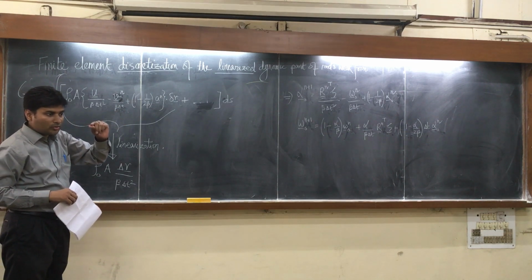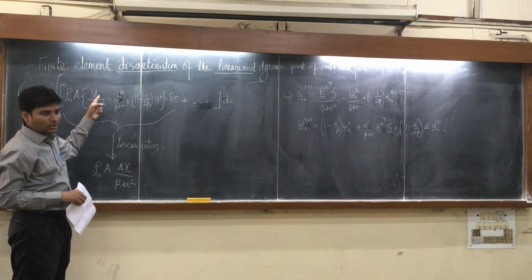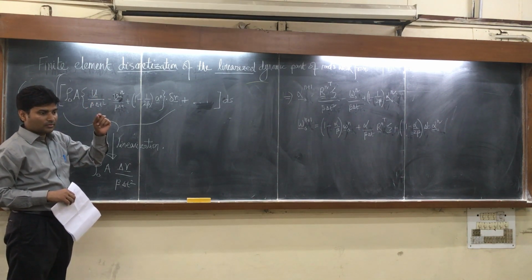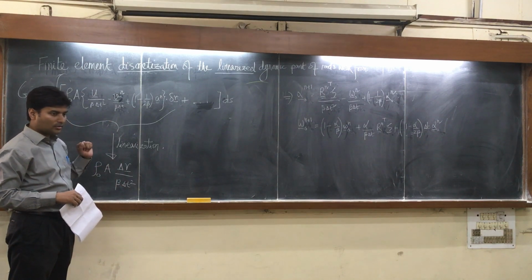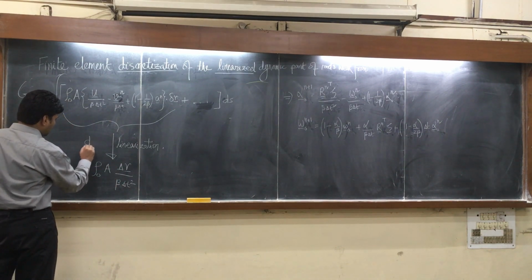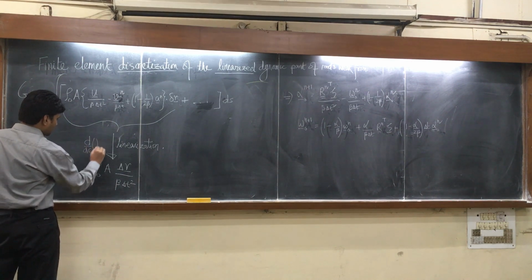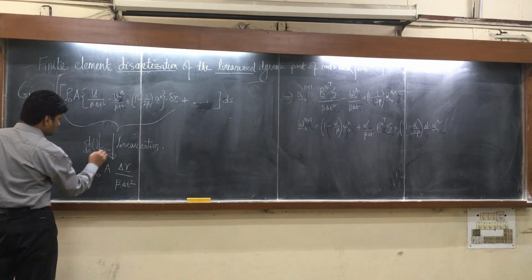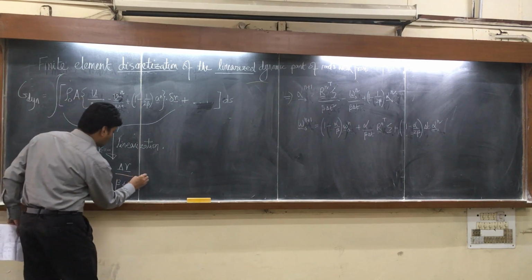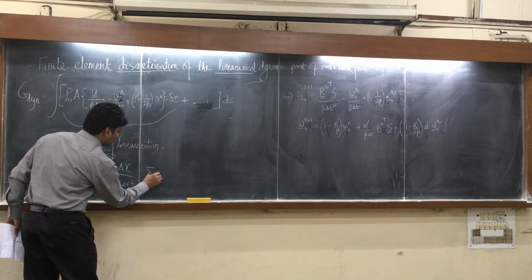You are only going to change the unknown. U is the unknown, so you are just going to change that by epsilon. So we do d by d epsilon at epsilon equal to 0. This term gives us this, and this has to, of course, be dotted with delta r.